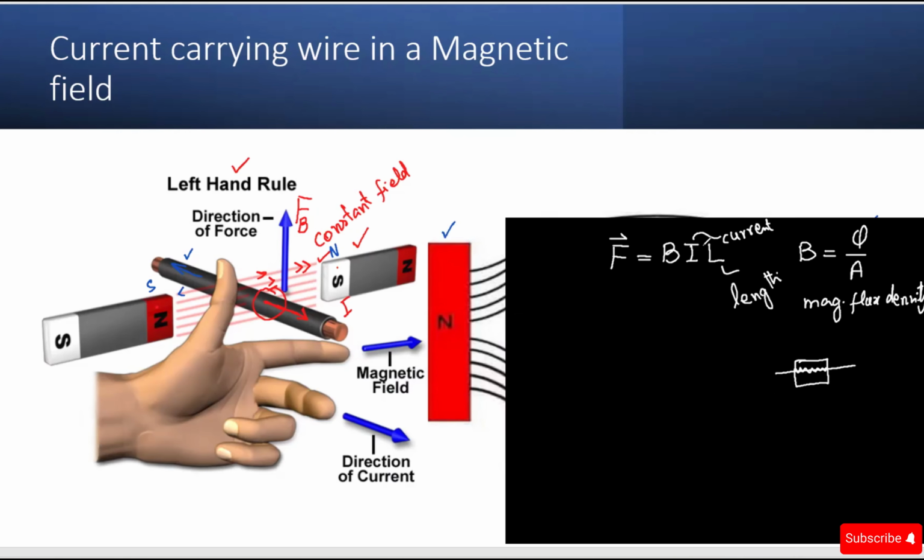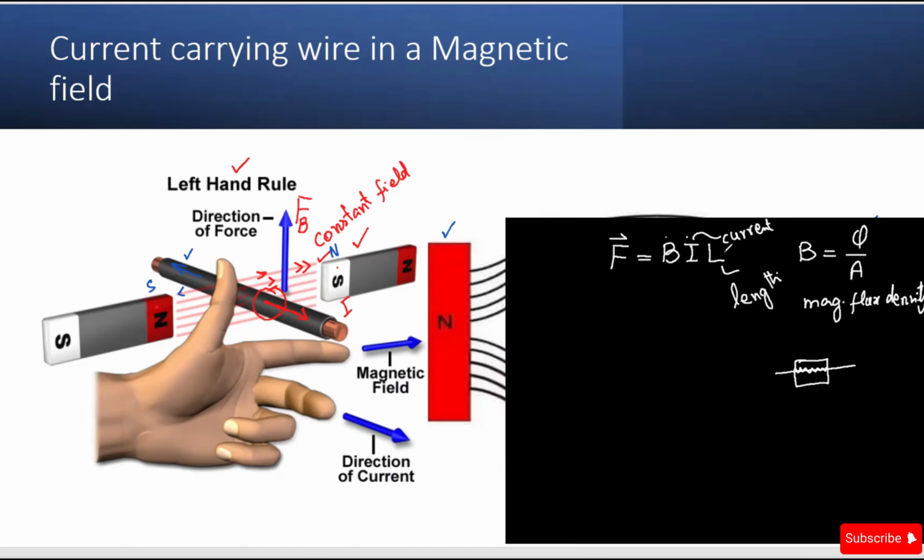Now, if we see this, it tells us that the force of the magnetic field depends on the value of the magnetic flux density, the value of the current in amperes, and how much length of the wire is in the magnetic field.